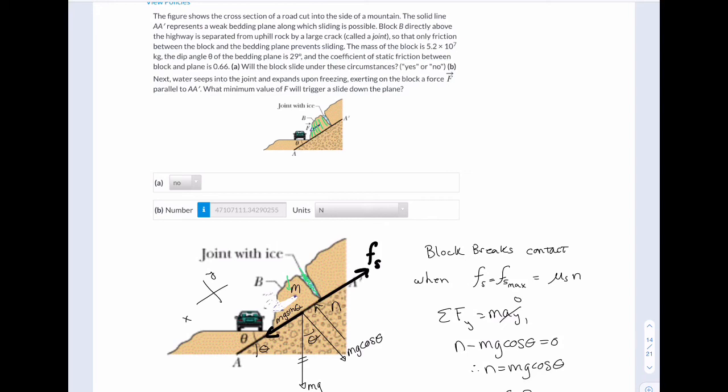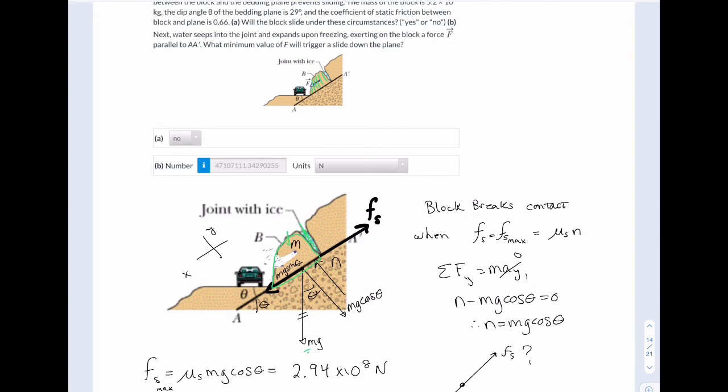So what I did is I drew the forces that acted on that big chunk, that big rock. So you have the weight, you have the normal force, and you have the friction force. So this whole big chunk, that big green chunk, wants to slide down. Friction prevents that from sliding down.